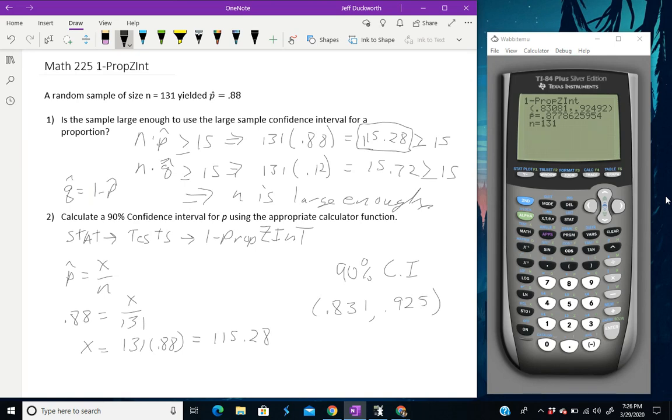Notice p hat is actually 0.87786, which has been rounded to 0.88 in the problem, but our n still outputs at 131. And this is how you do a problem on the calculator.